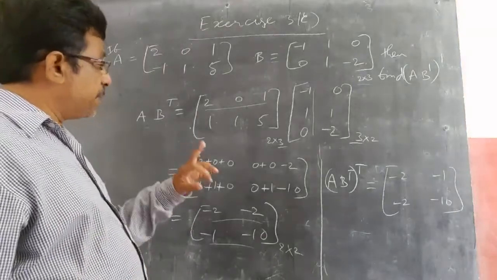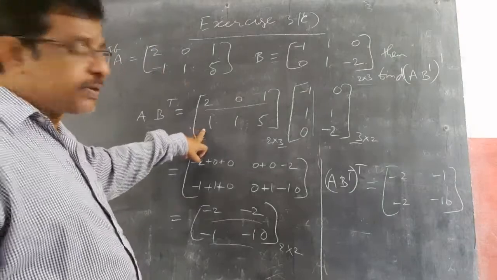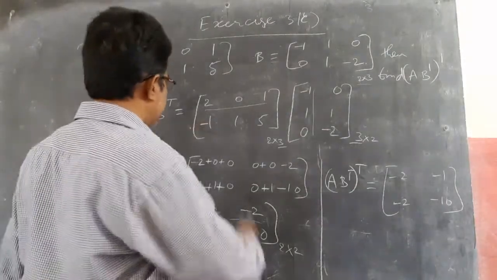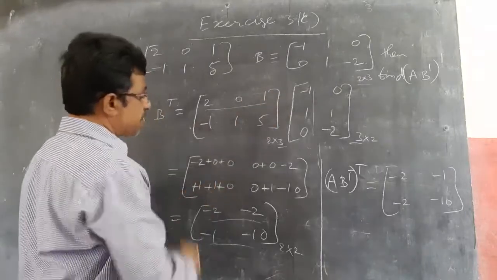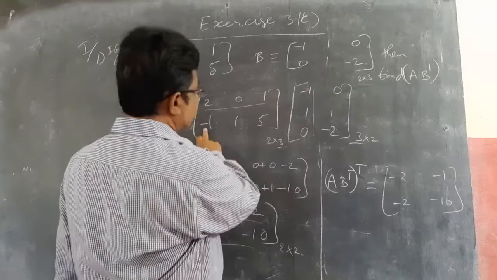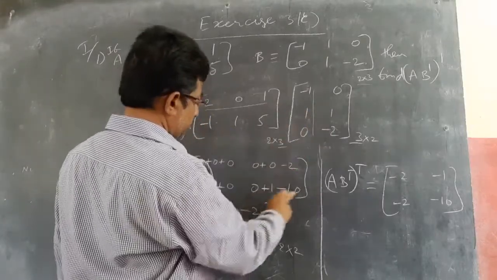Small mistake, a copying mistake. This is minus 1 actually, see. I copied here as plus 1. So make this minus 1. So minus 1 into minus 1 becomes plus 1, and everything else doesn't change. Again minus 1 into 0, 0 and 1 minus 10.